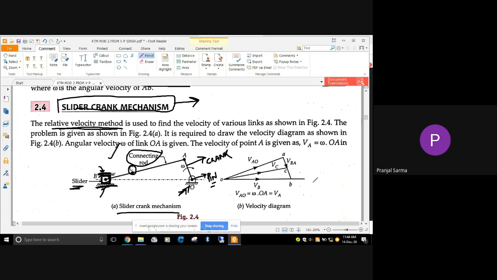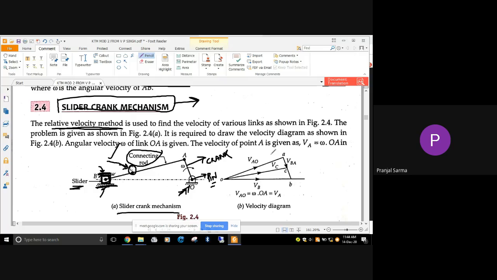These are graphical methods only, and they can be utilized to know the velocity of different points on this particular link. So we can consider a point C on this connecting rod, and we may want to know about its velocity.